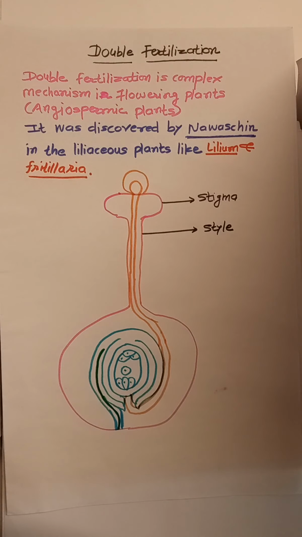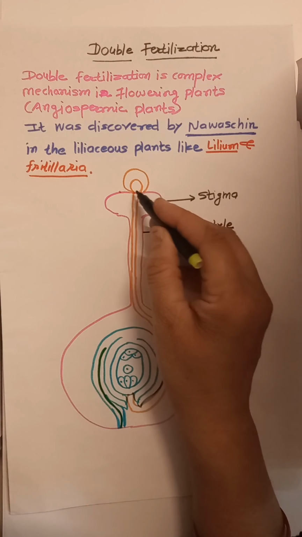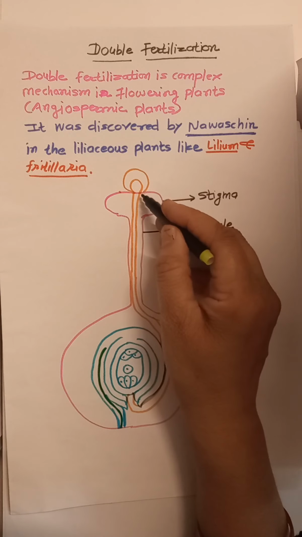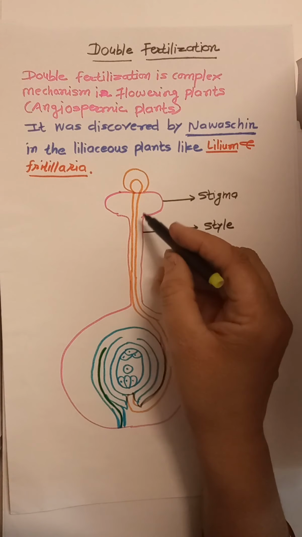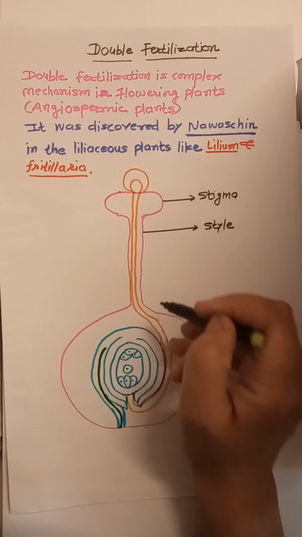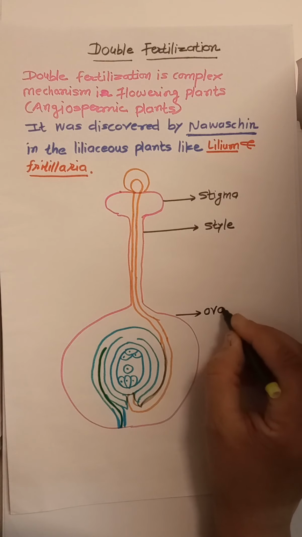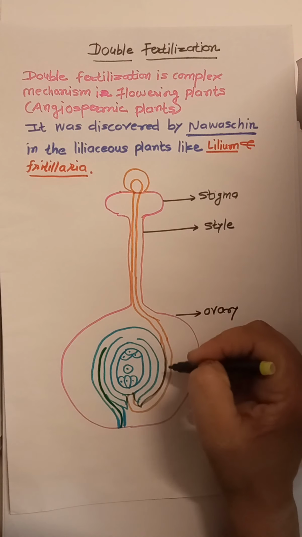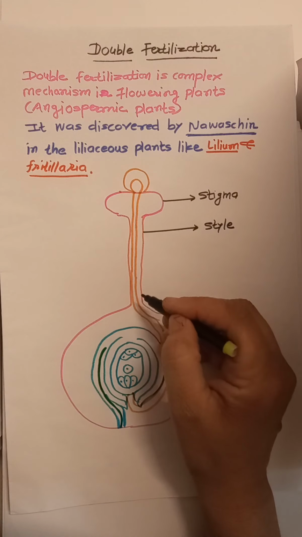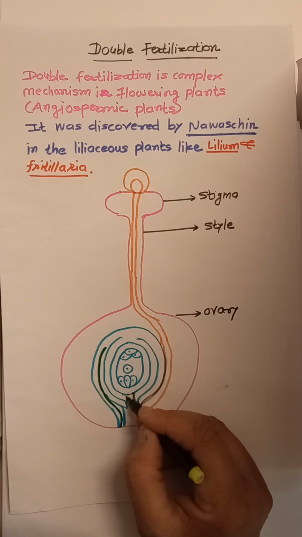So the double fertilization. When pollen grains are deposited on the stigma, pollen grains germinate. Pollen tube formation takes place and this pollen tube pierces stigma and style and enters in the ovary. This is ovary. Pollen tube enters in the ovary through stigma, style, and then pollen tube enters in the ovule through micropyle.